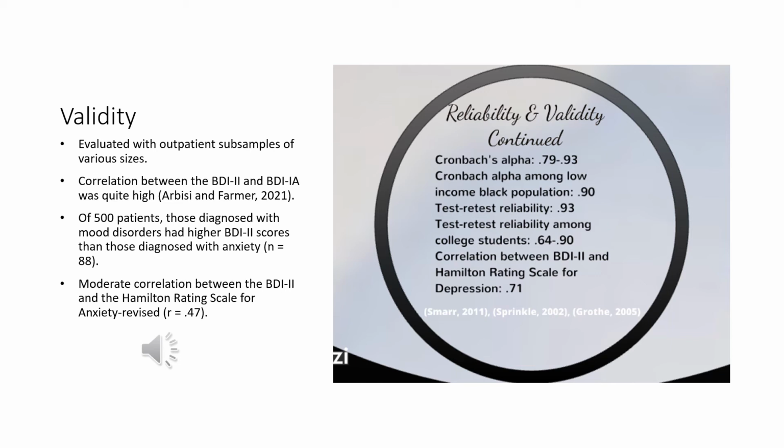The rating was 0.93, with a sample of 101, suggesting that these measures yield similar patterns of scores, even though the BDI-2 on average produced equated scores that were about 3 points higher. The test manual also indicated that of the 500 outpatients, those diagnosed with mood disorders, about 264 persons, had higher BDI-2 scores than those diagnosed with anxiety, 88.